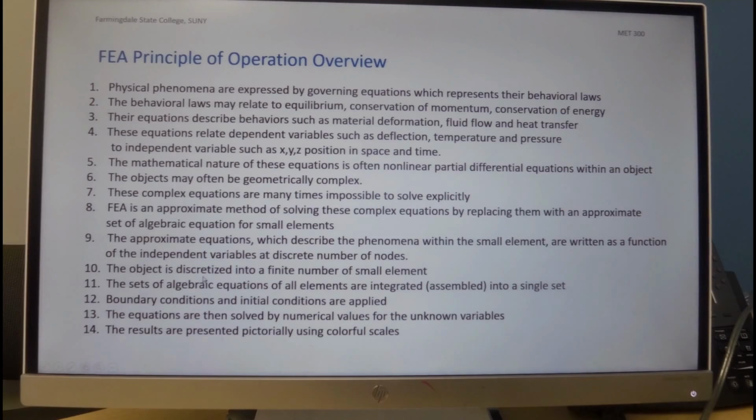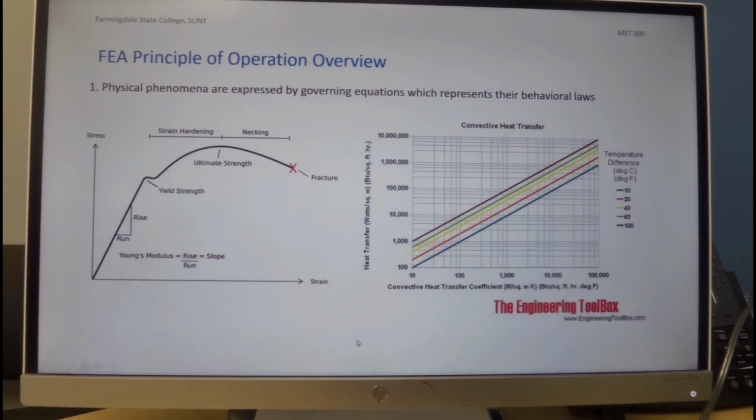The object is discretized into many finite elements, and then the set of algebraic equations of all the elements, which are assembled together into a single part, are applied with boundary conditions and initial conditions, and then they are solved for the numerical values of the unknown variables. The results are then presented pictorially using a colorful scale.